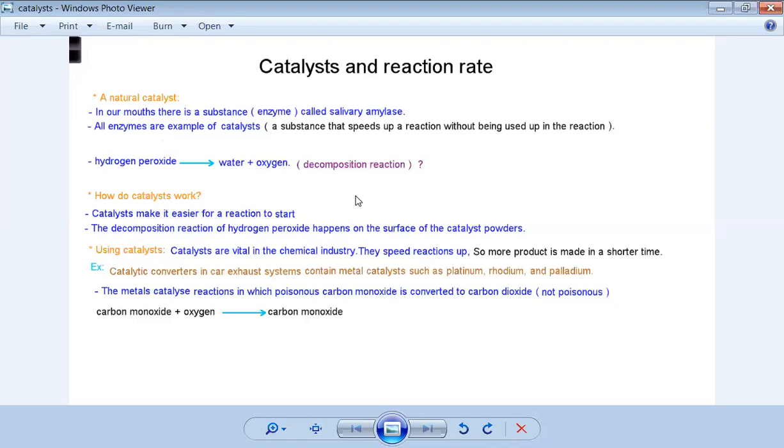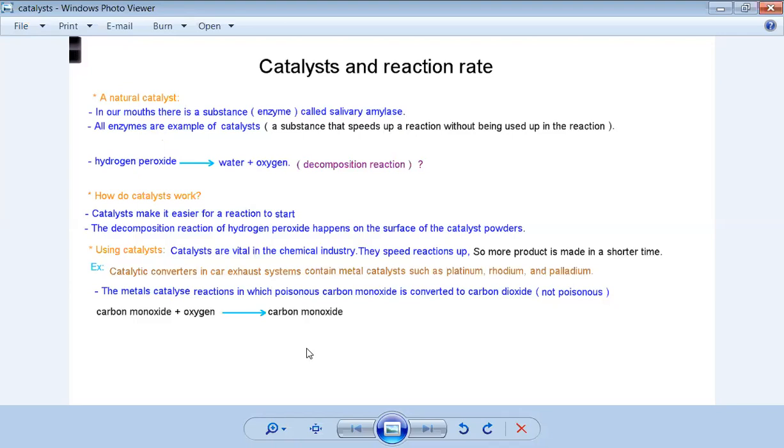The catalytic converter in a car exhaust system contains metal catalysts such as platinum, rhodium, and palladium. Why are they using these catalysts? To convert the carbon monoxide, which is poisonous, into carbon dioxide.